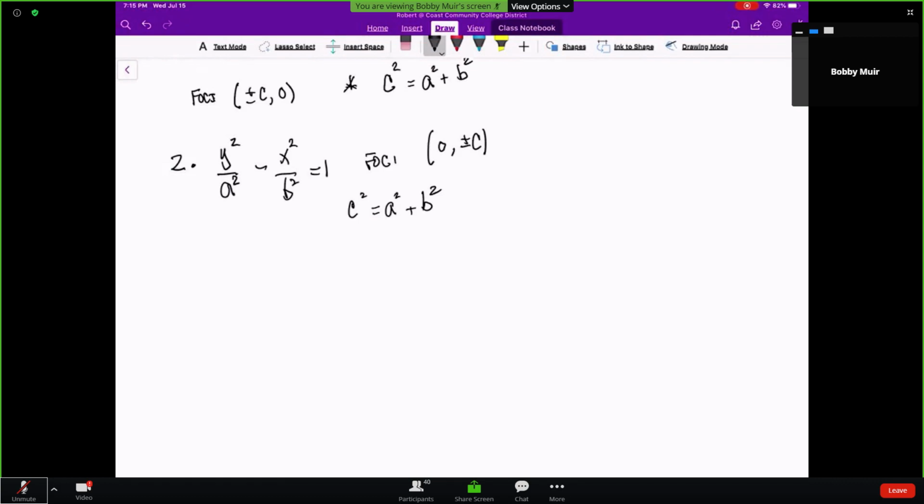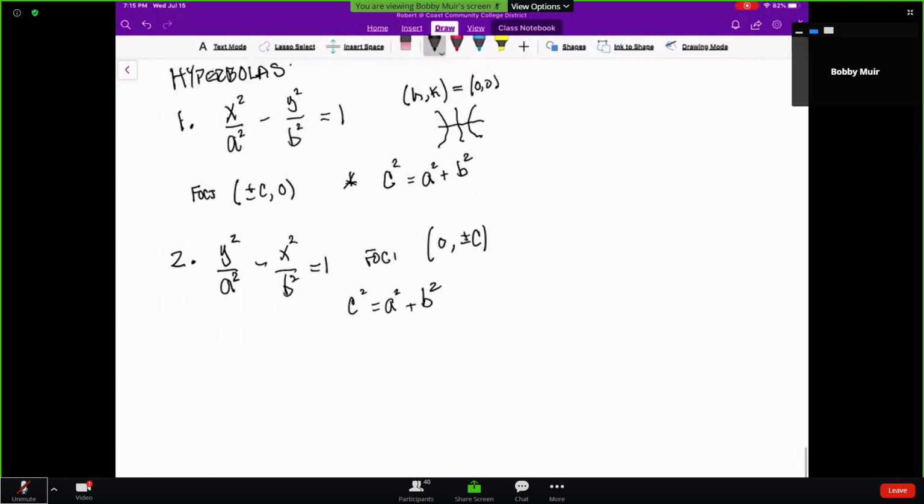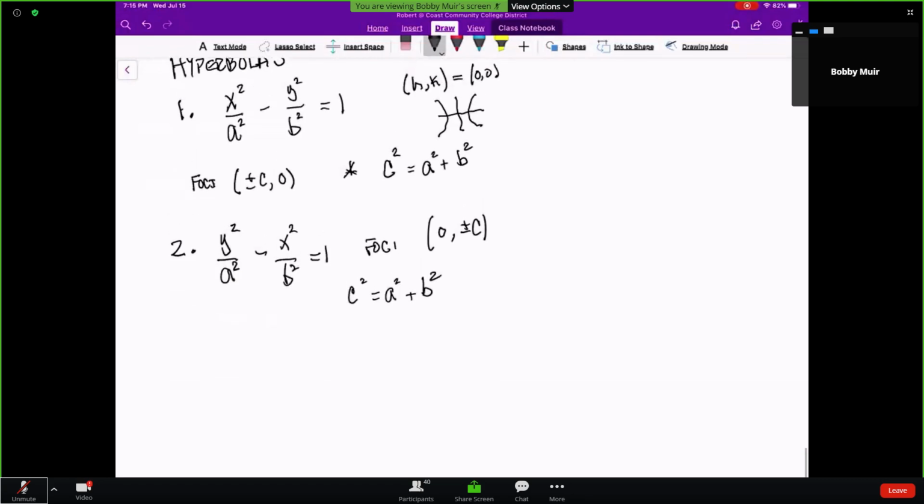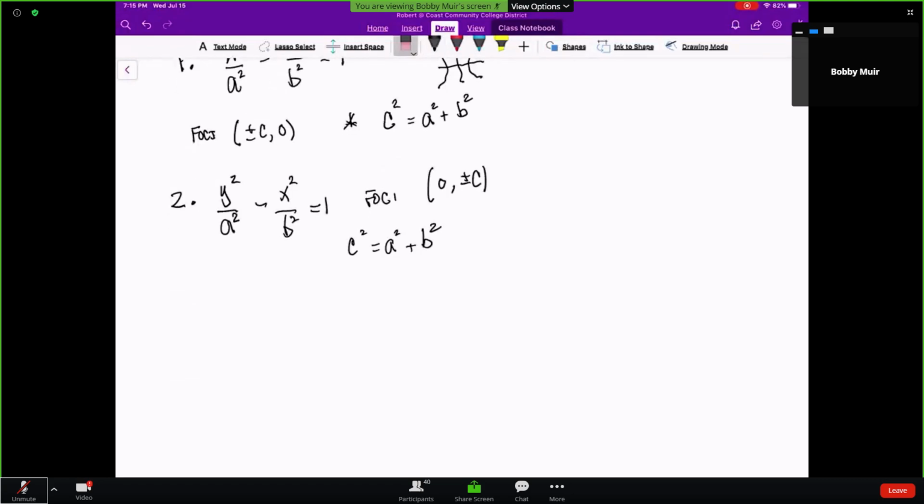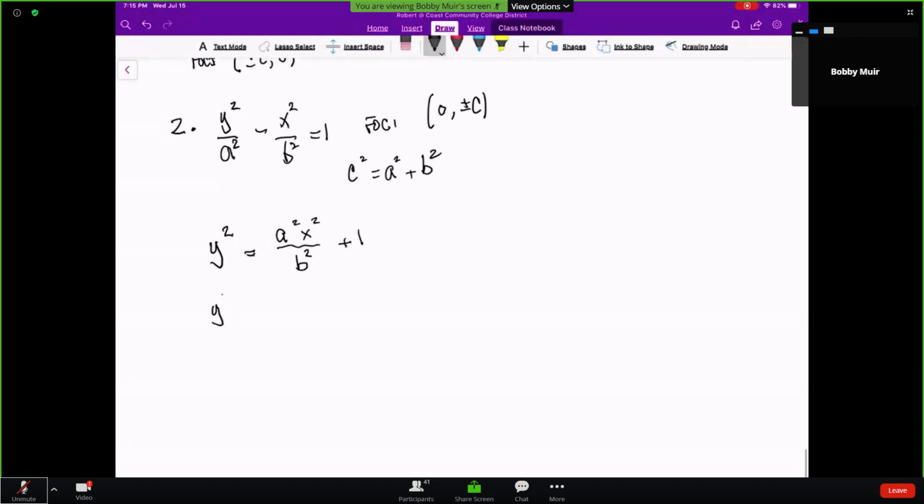Okay, now, there's a little bit more that we can say here. If we were to take this second one, and let's say that we solved it for y, we would end up with y squared equaling a squared x squared over b squared plus 1.